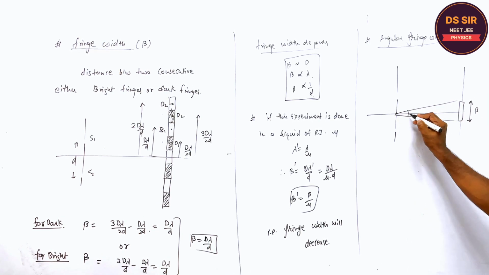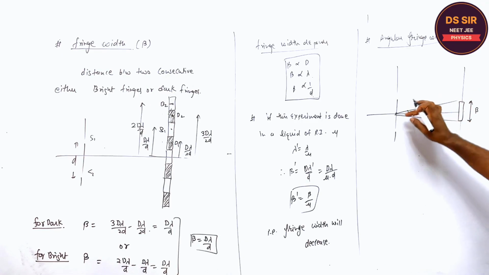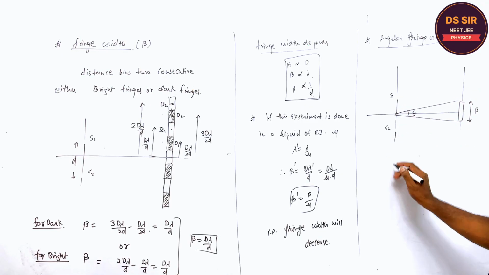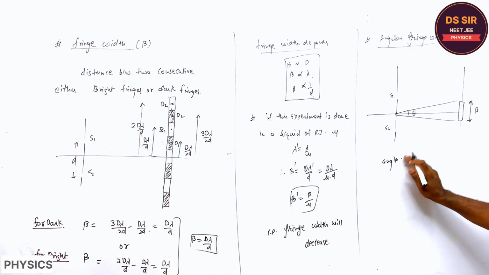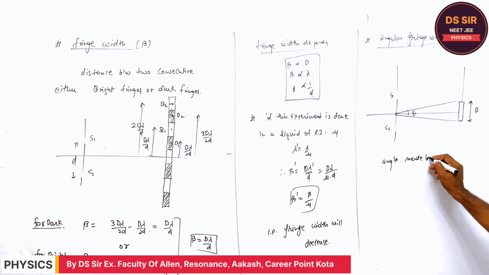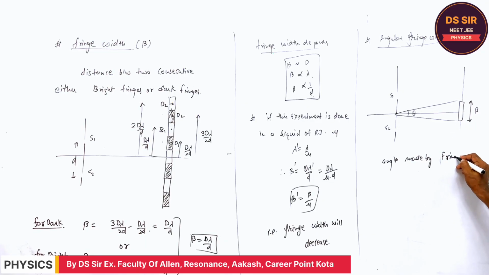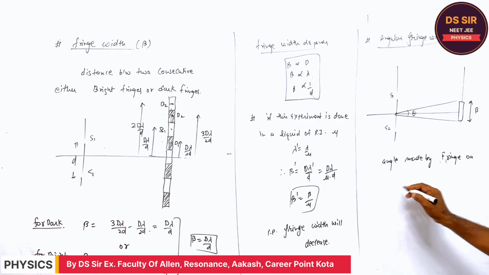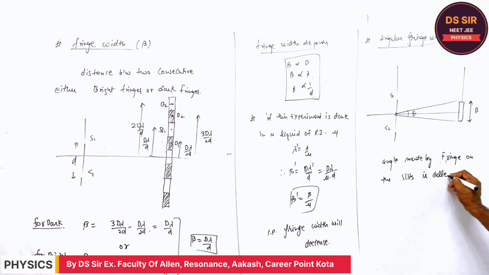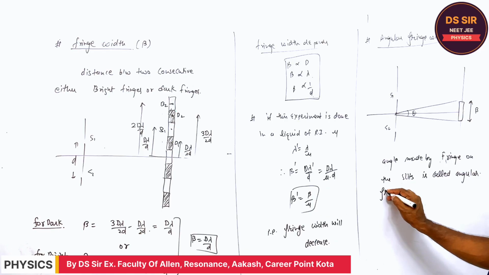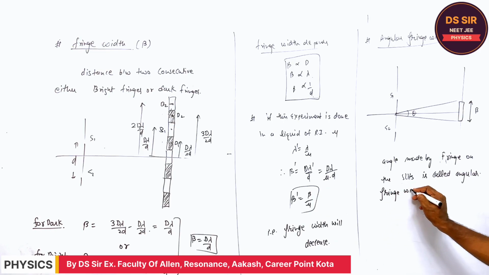The angle made by this fringe on the slits is called the angular fringe width.